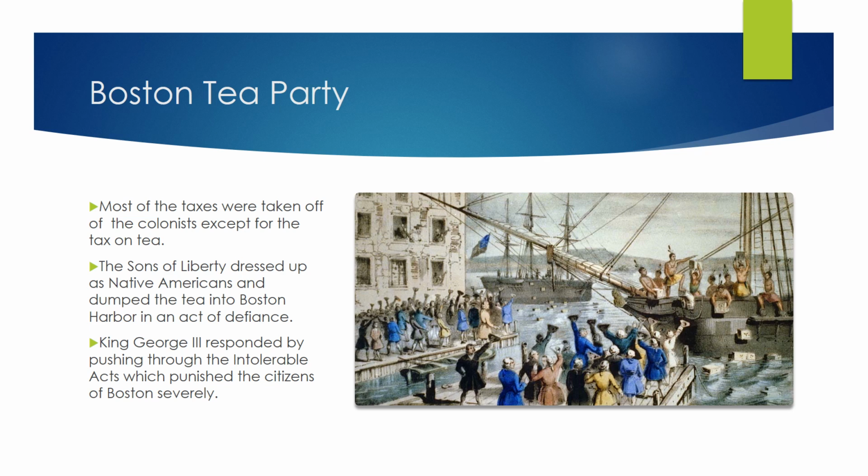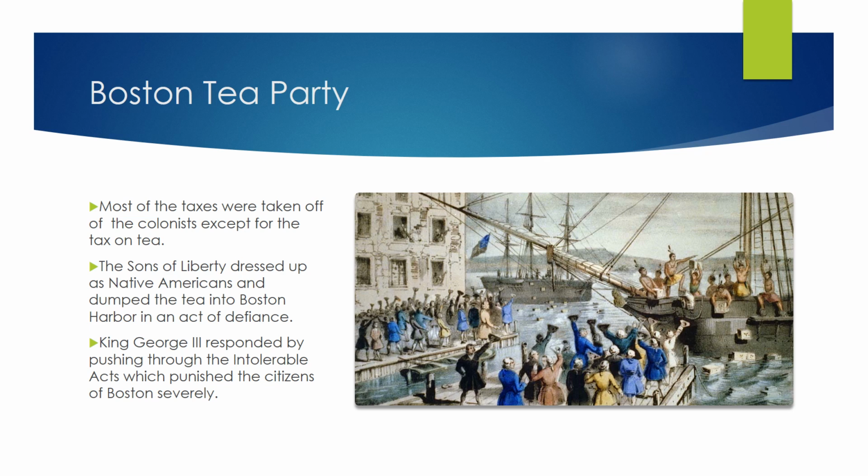Many innocent people who did not participate in the dumping of the tea are going to be affected by these intolerable acts. And so the colonists in Boston are going to start storing up weapons in response to this. They're going to start preparing for violence. Their view is the king has gone too far.